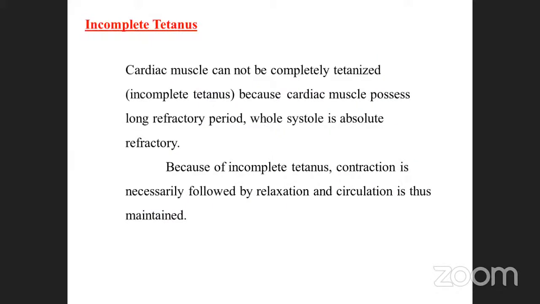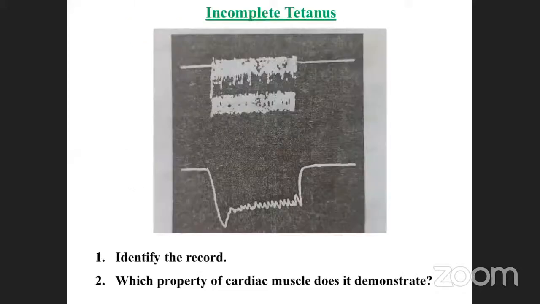It shows incomplete tetanus because cardiac muscle possesses the long refractory period. The whole systole is absolute refractory. Because of incomplete tetanus, contraction is necessarily followed by relaxation, and in this way circulation is maintained. This is the importance of it. Is it clear? Sorry, this is about the incomplete tetanus.